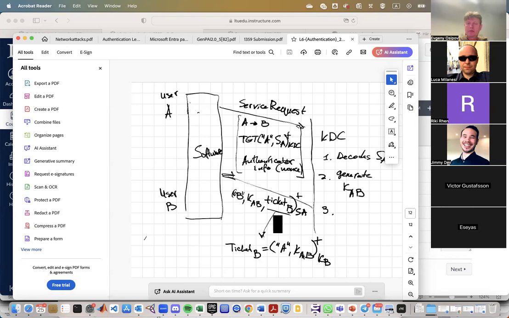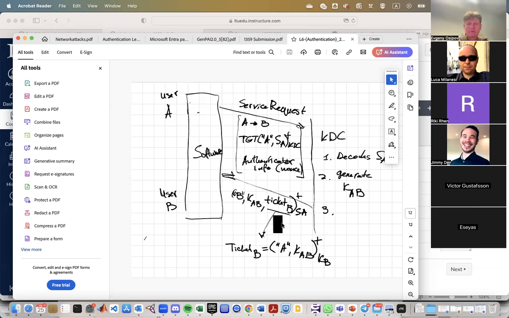This is your session key. I generated it for you, and I encrypt it with a key that I know, a valid key to B, so the kind of master key. And it encrypts the whole response with the session key and sends it over to user A.